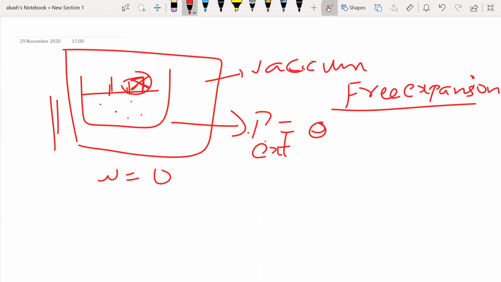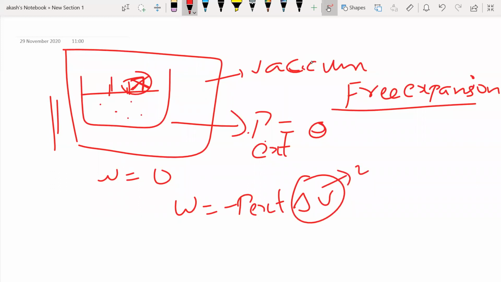This is the formula which you have to use. W is minus P external del V. Del V I know is, initial volume and final volume getting doubled, so del V is 2, but external pressure is not given.